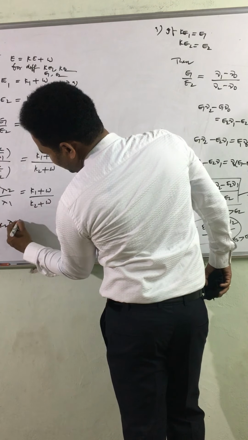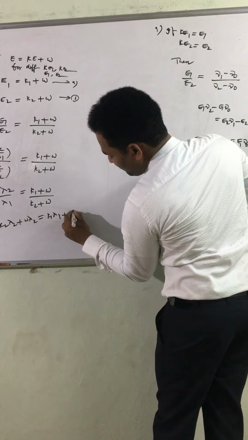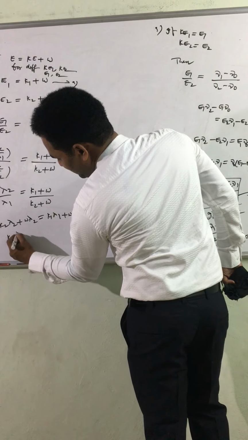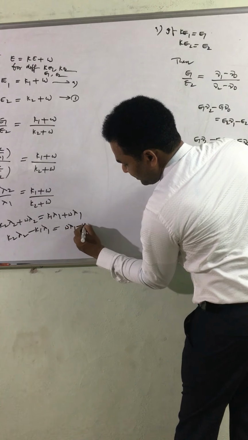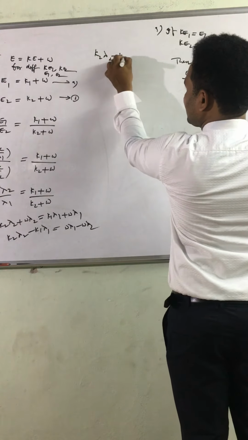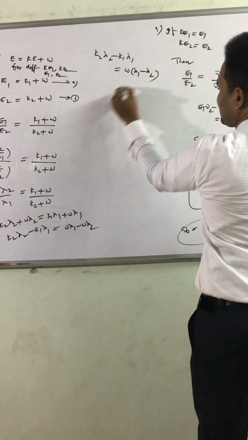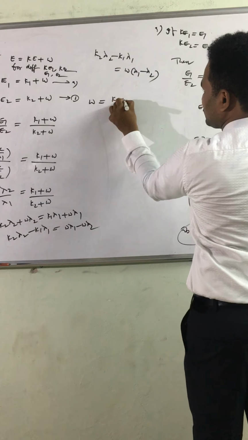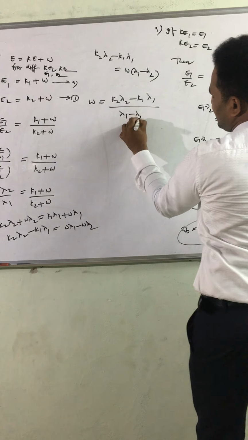K2 lambda 2 plus W lambda 2 is equal to K1 lambda 1 plus W lambda 1. K2 lambda 2 minus K1 lambda 1 is equal to W lambda 1 minus W lambda 2. So K2 lambda 2 minus K1 lambda 1 is equal to W into (lambda 1 minus lambda 2). So W is equal to (K2 lambda 2 minus K1 lambda 1) by (lambda 1 minus lambda 2).